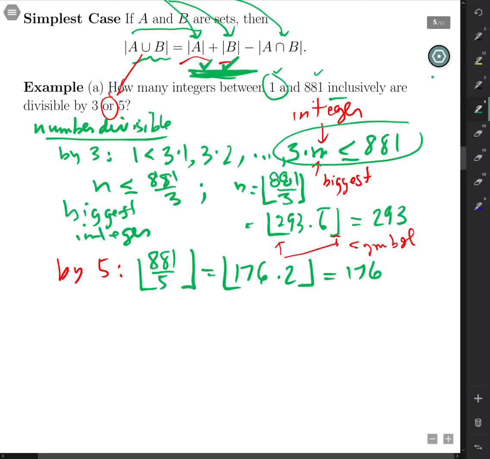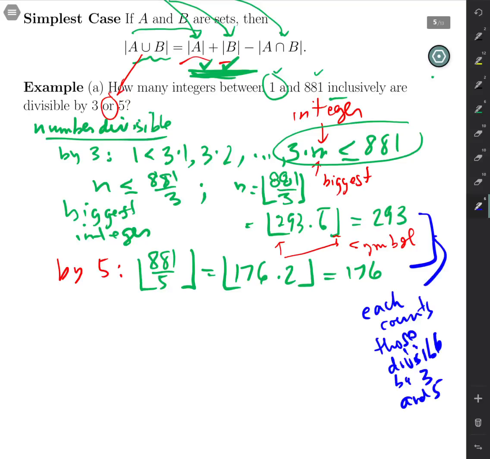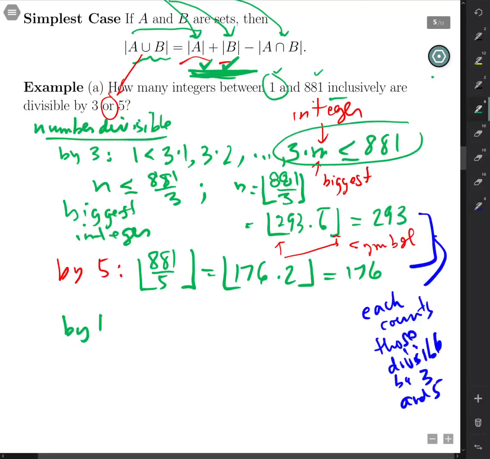So each of these counts those divisible by 3 and 5, so we've got to take that out of our count there. Now what does it mean to be divisible by 3 and 5? Well, it simply means to be divisible by 15, 3 times 5, because those are relatively prime. That's all we have to do.